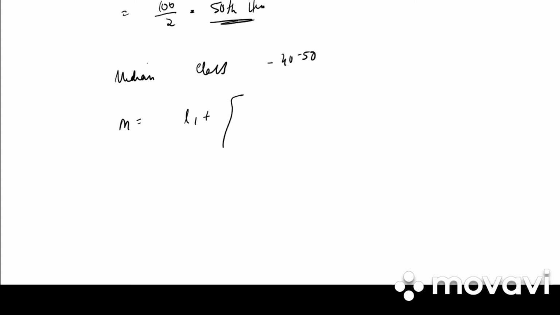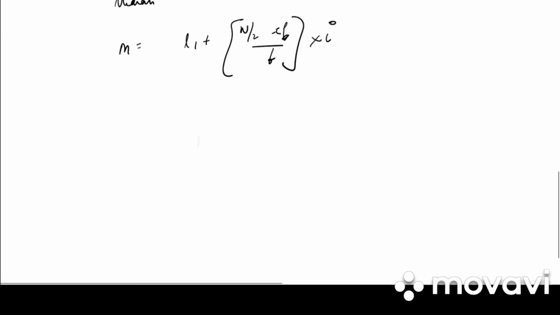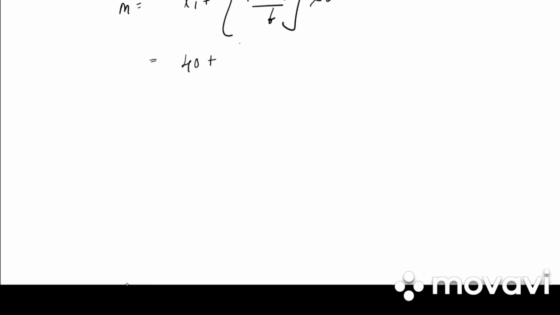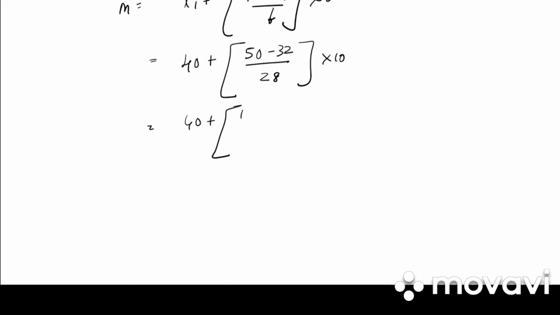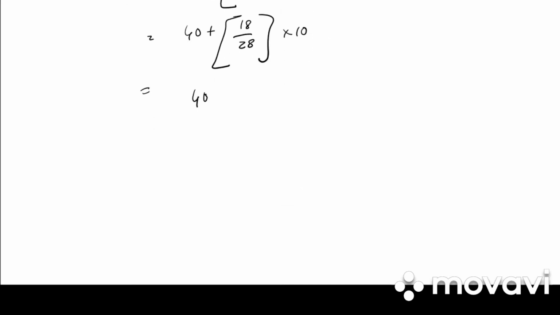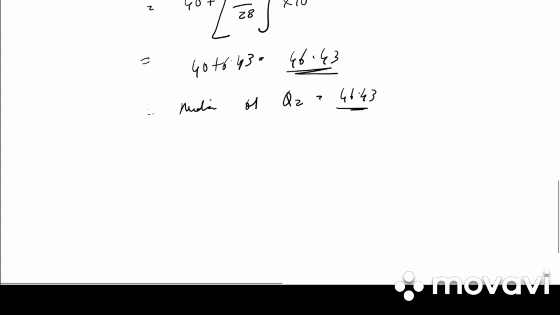M is equal to L1 plus n by 2 minus Cf divided by f into i. 40 plus 50 minus 32 divided by 28 into 10. 40 plus 18 divided by 28 into 10. 40 plus 6.43, that is 46.43. Therefore median or Q2 is equal to 46.43.